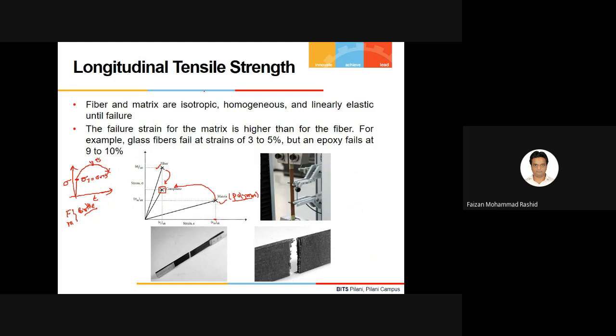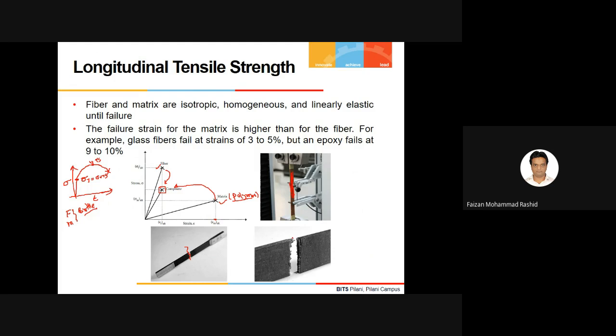So in the longitudinal direction, how are we going to do this? In the longitudinal direction, the composite material we make has fibers aligned along the loading direction. You are going to pull it, so the failure will happen like this.